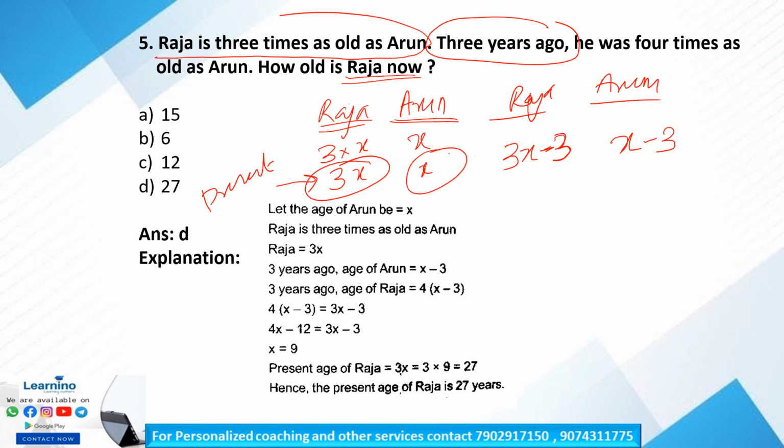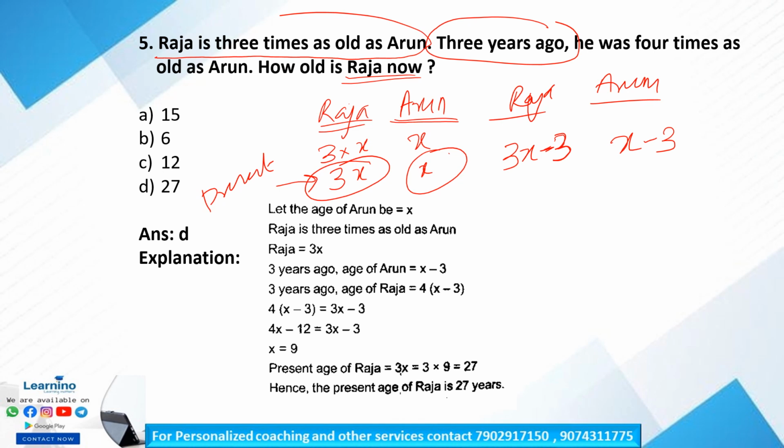Is it clear? If it is 4 years ago, it is 3x minus 4 and x minus 4. If it is 10 years ago, it is 3x minus 10 and x minus 10. So this is based on the years ago concept. Here it is 3 years ago, so 3x minus 3 and x minus 3.